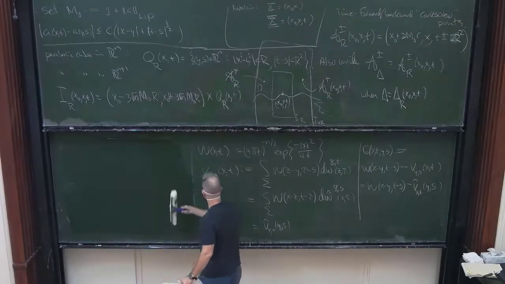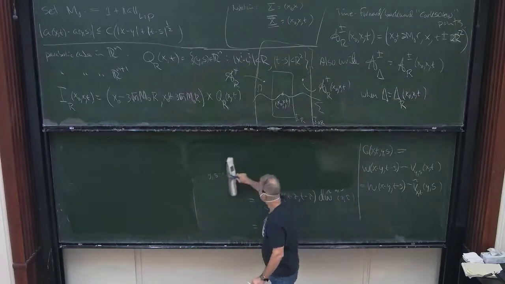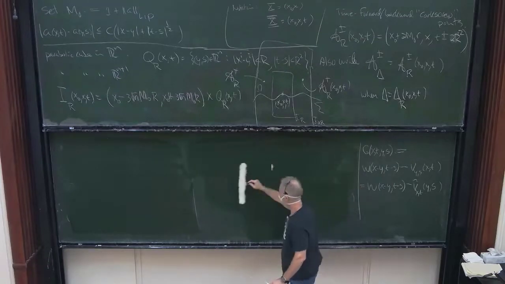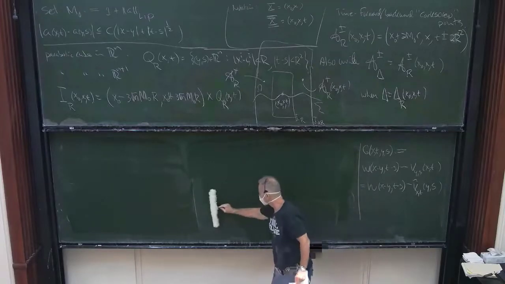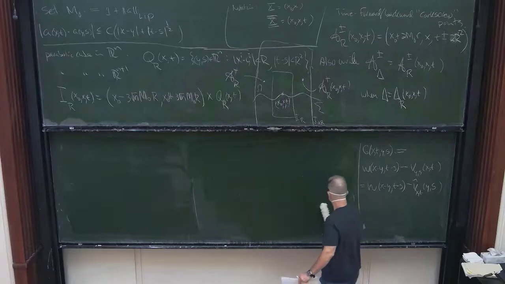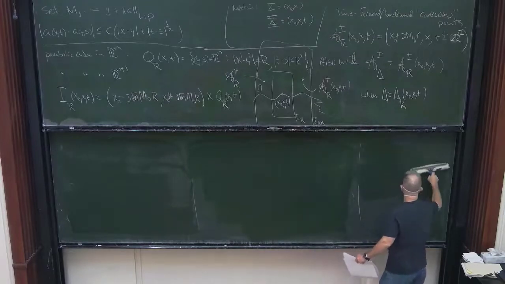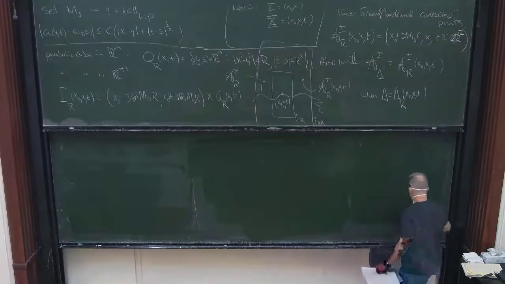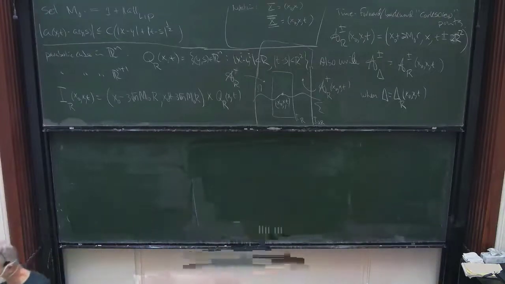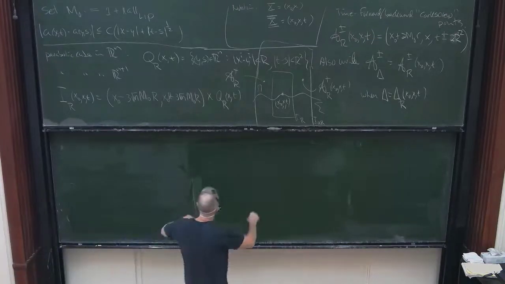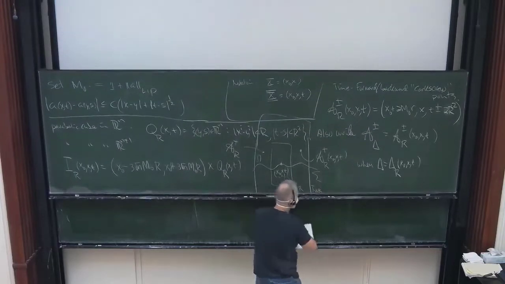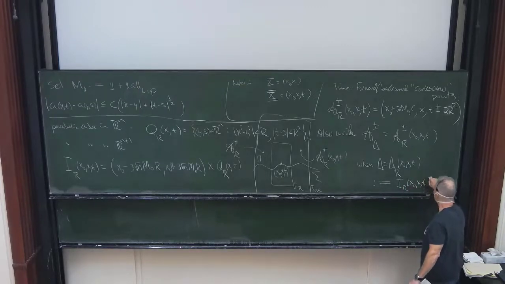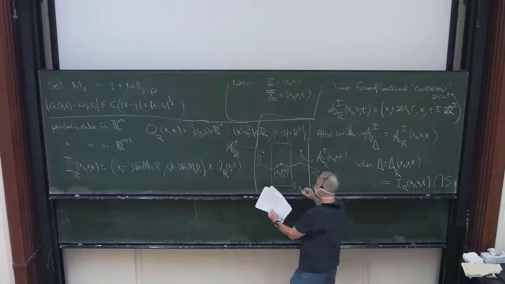So this just means IR of x naught xt intersect with sigma. So this would be delta right here.